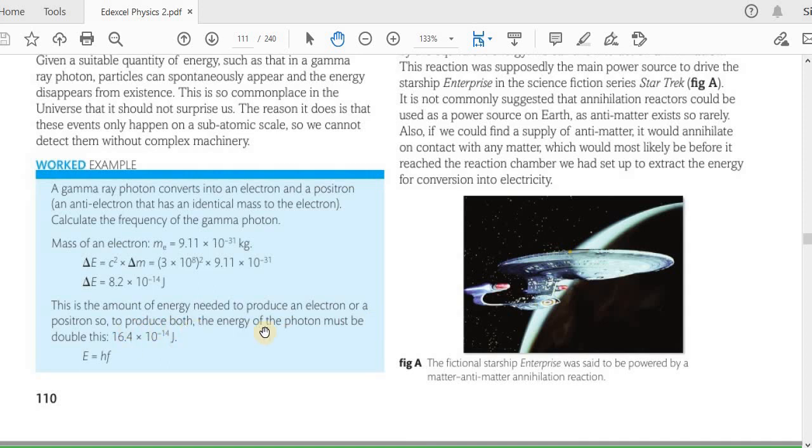To produce both, the energy of the photon must be double this. So you can see now we have doubled it. Again, this is the amount of energy needed to produce an electron or a positron, so to produce both, the energy of the photon must be double this.